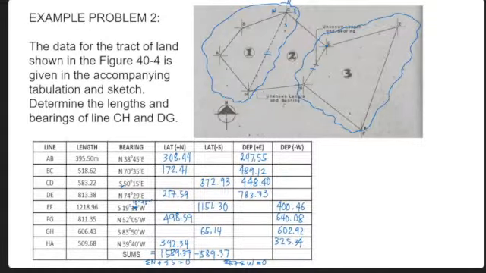So, 1,589.37 plus negative 1,589.37 is 0. So, therefore, our latitude is okay. So, it's the departure that we will check if it balances.